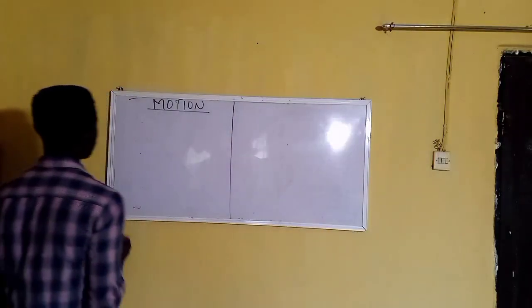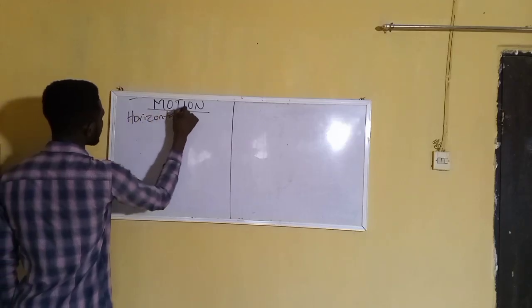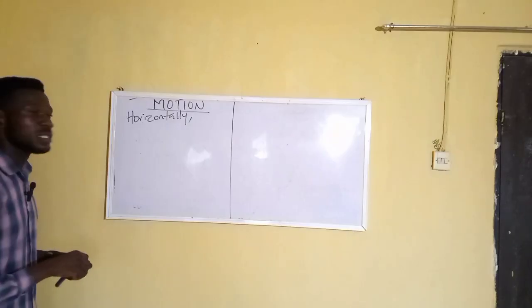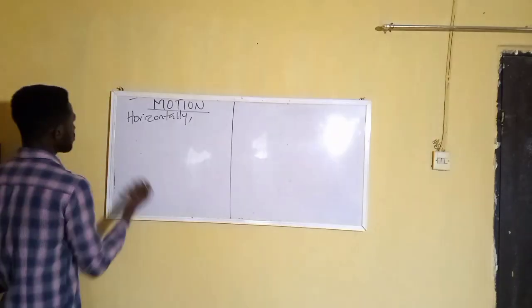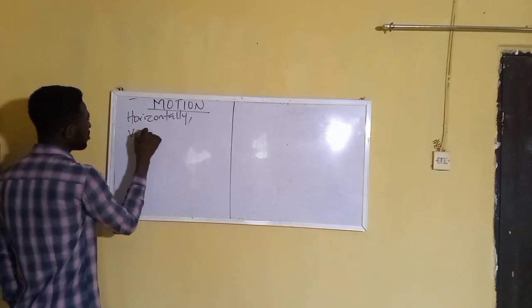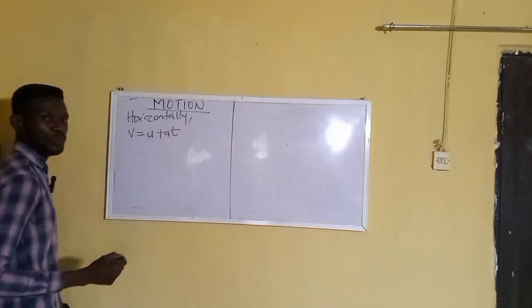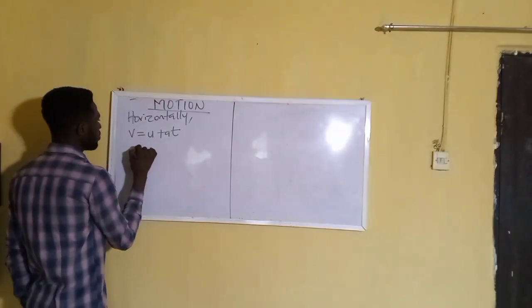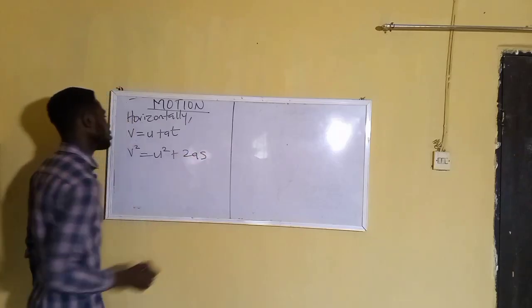If you are talking about it horizontally, let's give the equations. The first one is V equals U plus AT. We also have another one as V squared equals U squared plus 2AS.